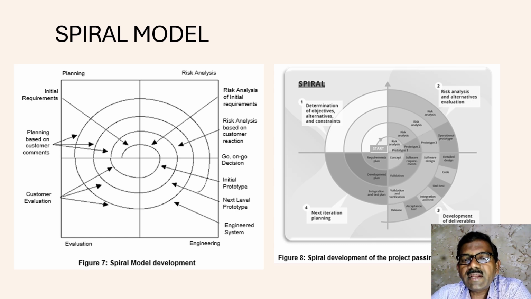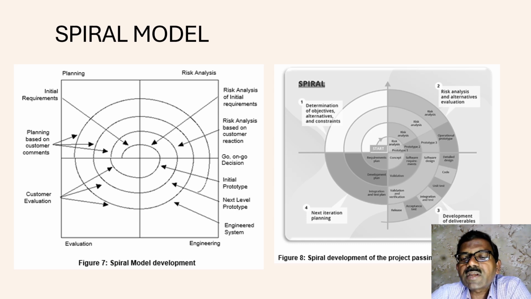We will go ahead with the next model, which is called the spiral model. From the figure you can see the spiral nature, going from the innermost layer and expanding, and ultimately achieving the real shape of it. There are four different quadrants: planning, risk analysis, engineering, and evaluation.